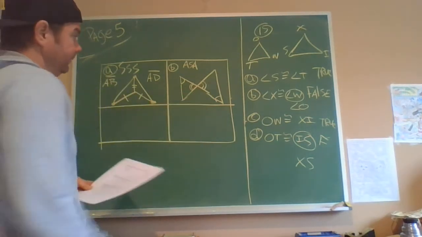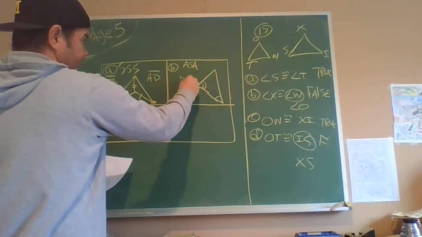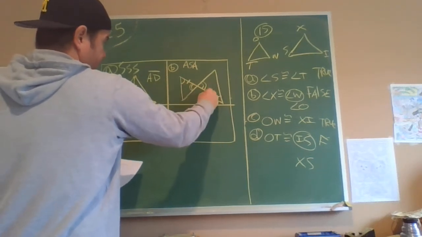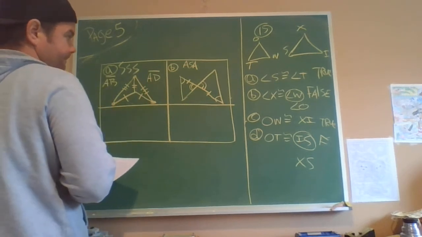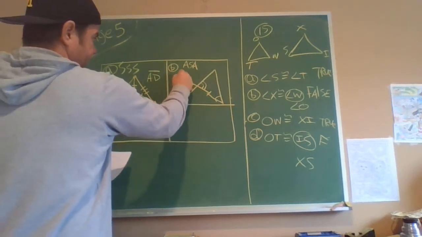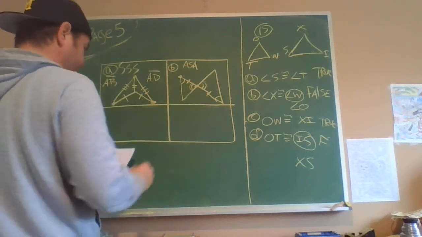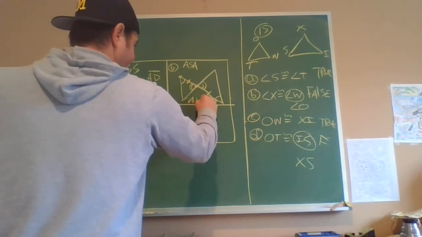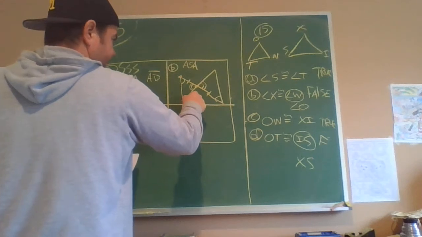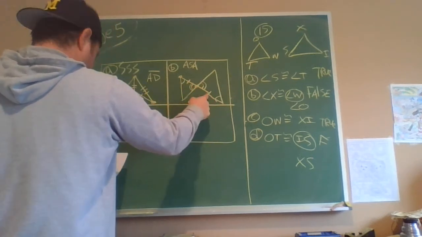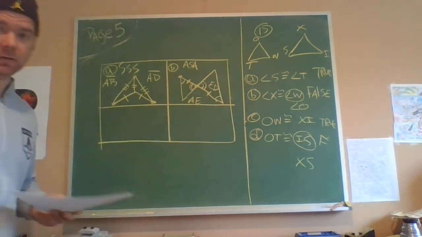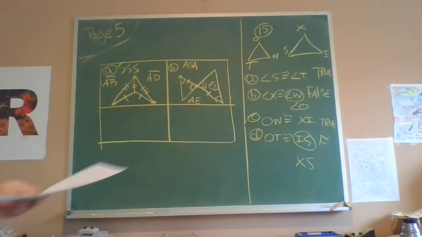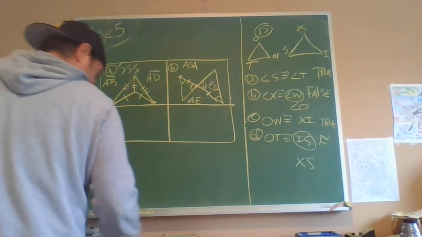The last bit is we need the included side here and here, right? What is the name of this side here? This side is AE, and AE would need to be congruent to ED. If AE was congruent to ED, then we've got congruent triangles by angle side angle.